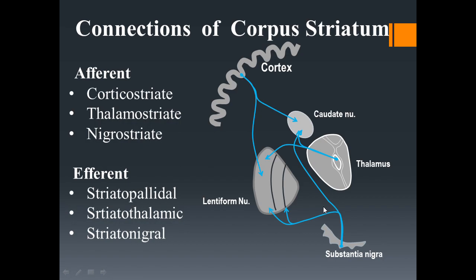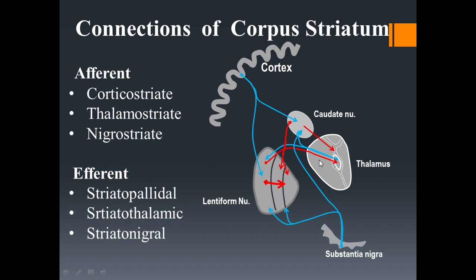Now, which are the efferent fibers? The efferent fibers are the striatopallidal fibers. Striatopallidal means from the neostriatum to the globus pallidus. The neostriatum consists of the caudate nucleus and putamen. Then striatothalamic fibers run from the neostriatum to the thalamus.